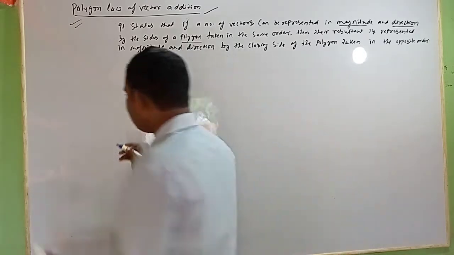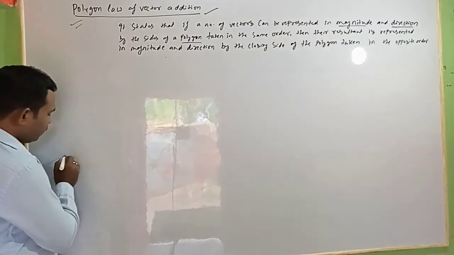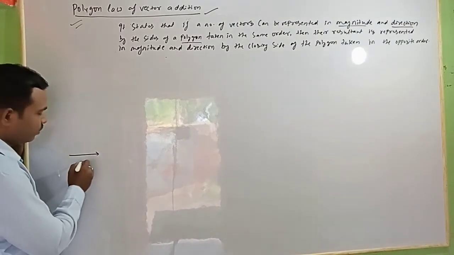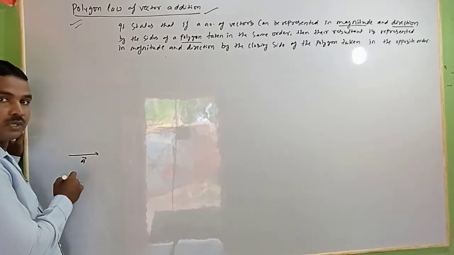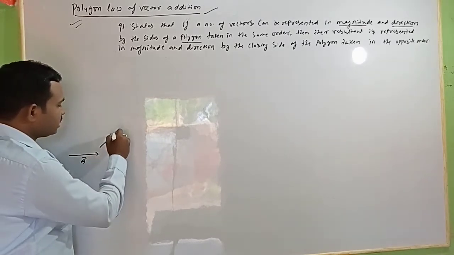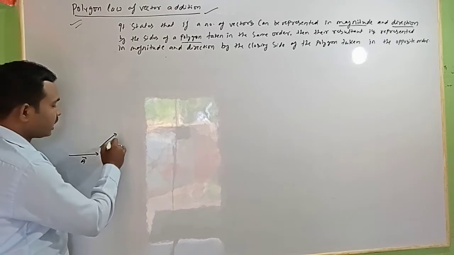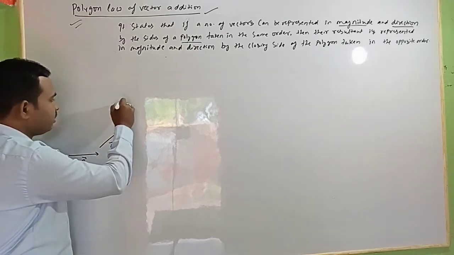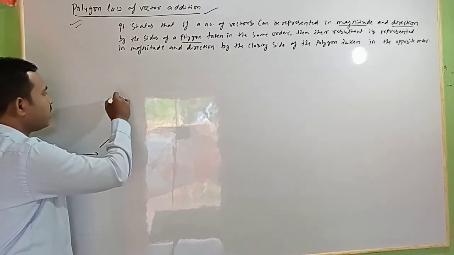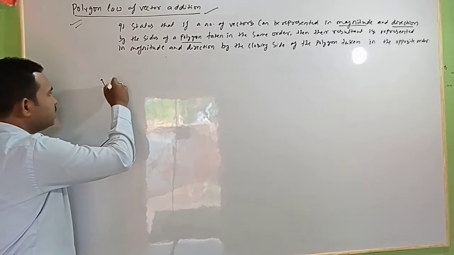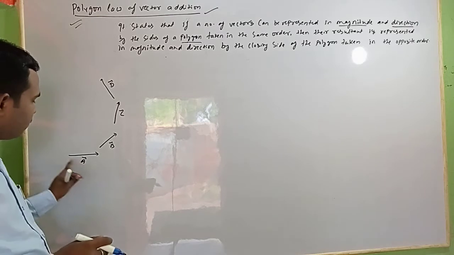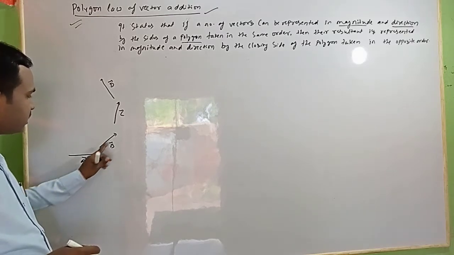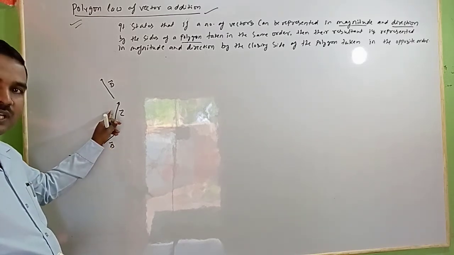Just like, suppose that we have one vector, this is the vector a. Very good. Another, suppose that this vector is b. Suppose another you have vector c, and another you have vector d. These are the vectors, all having magnitude and direction.